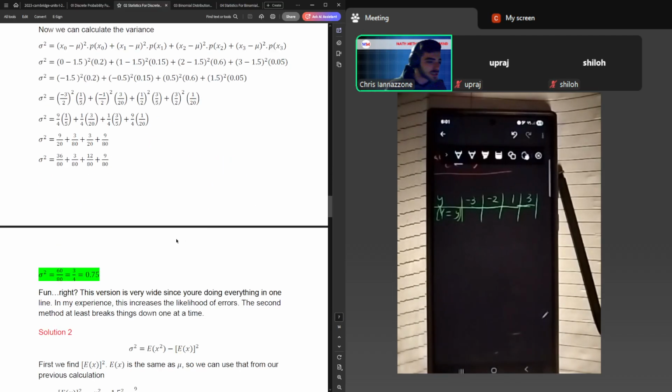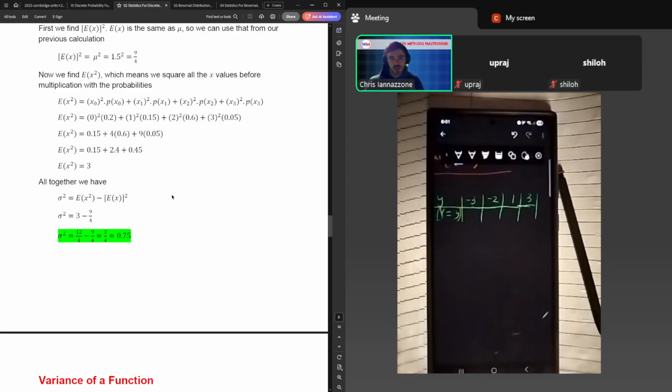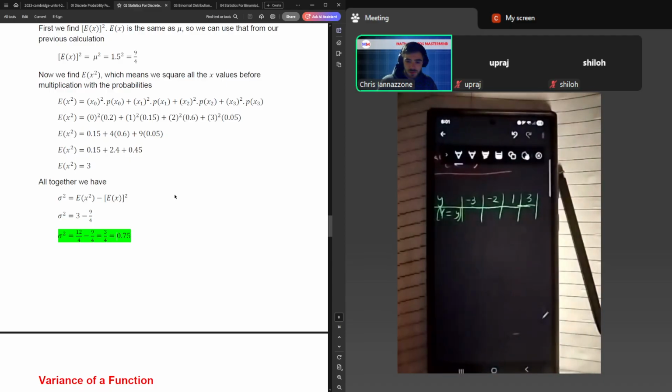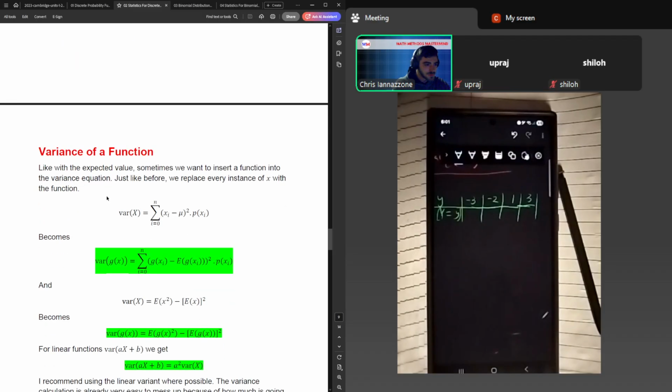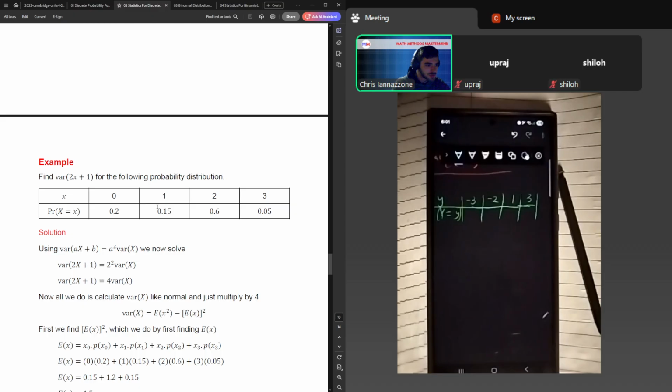So the number would be bigger, basically. Instead of having 0.75, you might have 3, you might have 5. It's really hard to get an idea of scale of variance just by looking at the number, but fundamentally, bigger number means more spread. This we can ignore. This will never show up other than in the book.